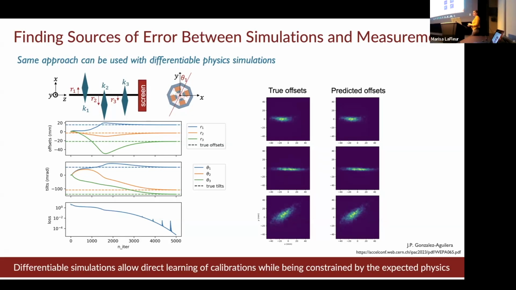So this is another major area of interest. Essentially, we are trying to develop simulations that compute the derivative when we do this multi-particle tracking through a particular simulation. This is an example from just a simple quadrupole magnet alignment and tilt problem, where these are very common types of errors from a designed accelerator to what's put in the actual beamline.